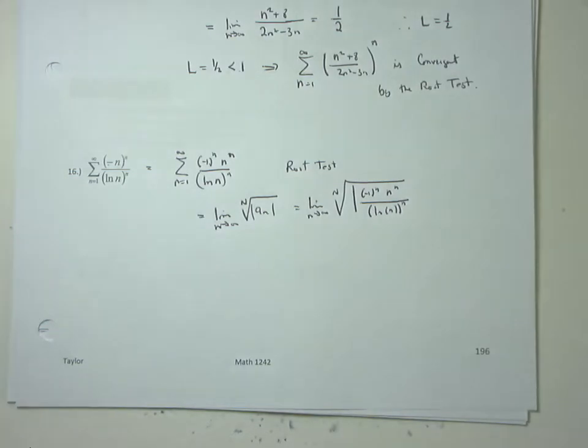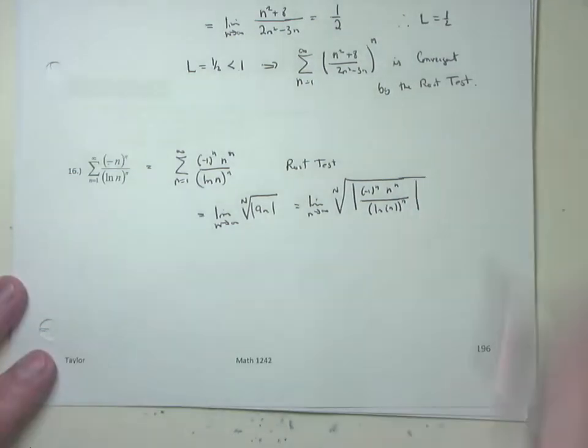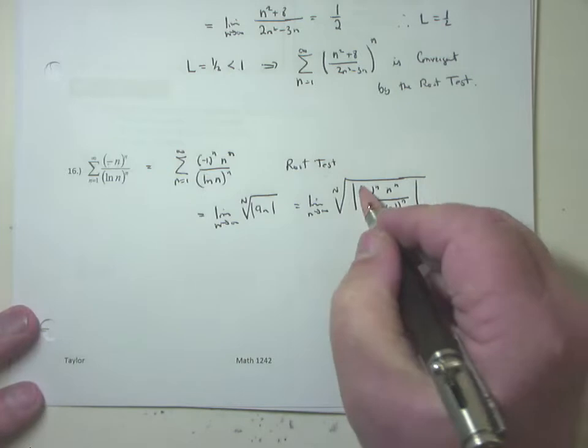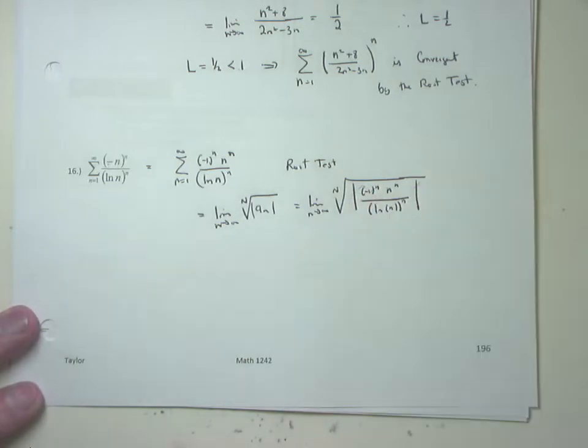Now, first off, inside this radical we have an absolute value. What is the absolute value going to do to this (-1)^n? Negative 1 to any power is either going to be plus or minus 1, but when you take the absolute value, it's going to be 1. So the absolute value kills off the (-1)^n.